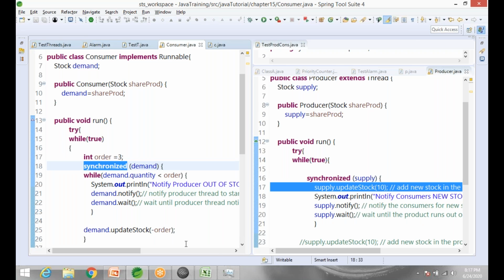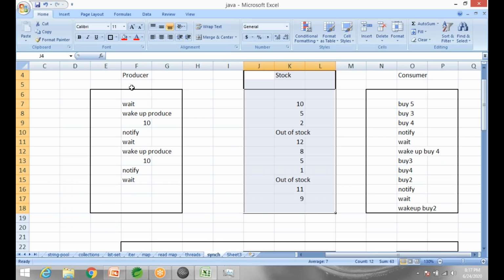The synchronized keyword. Both your actions, producer and consumer actions, are revolving around a shared object, that is stock. So when you produce and consume, what exactly are you synchronizing on? Stock object.